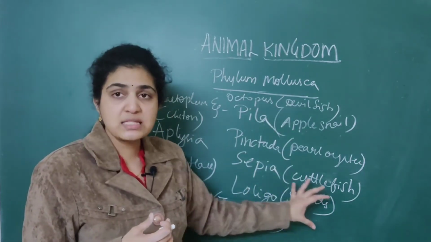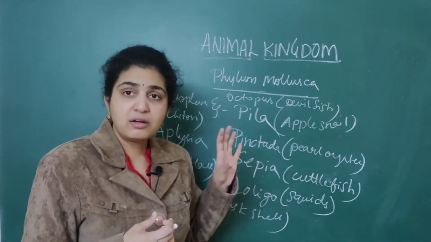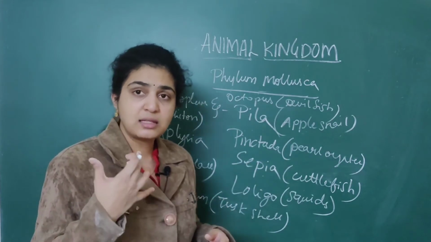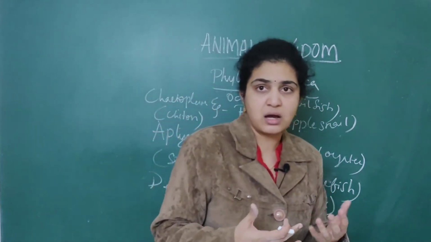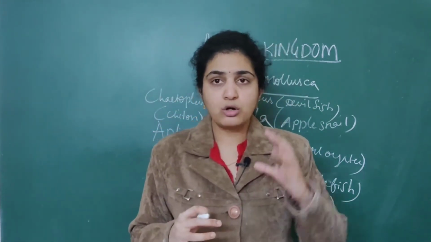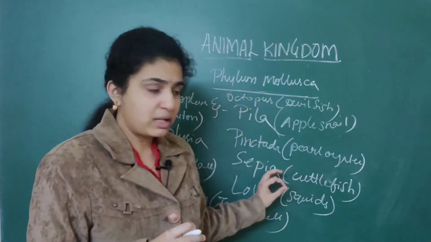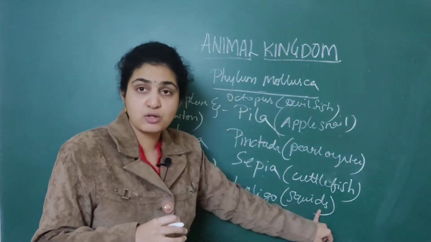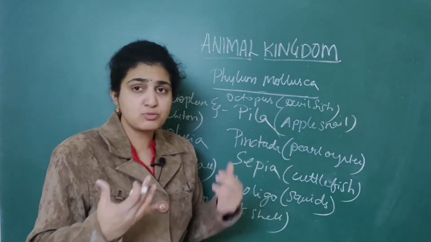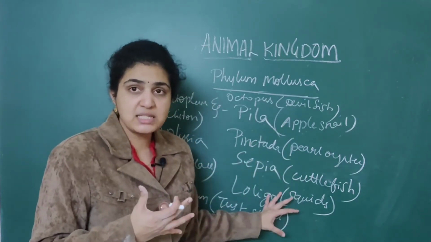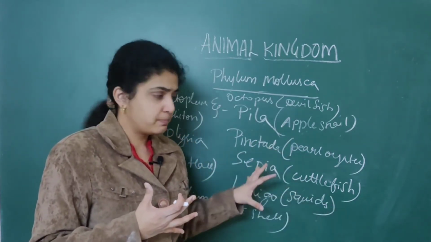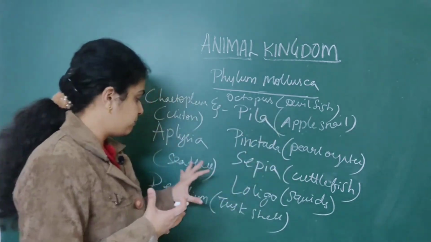Then Loligo is squid. Others spelled with two L's are Limulus and Locusta. Limulus and Locusta belong to Arthropoda. But Loligo, the squids, the numerous small animals which you see near the sea, belong to the mollusks only.